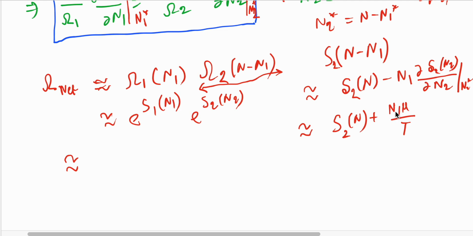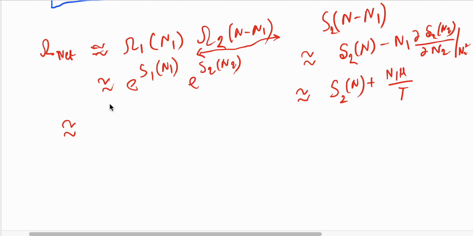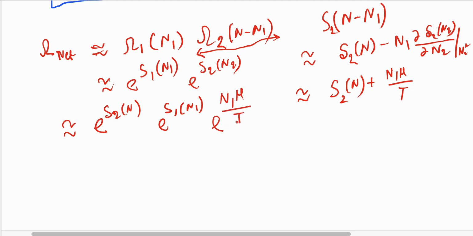So if we put it there, we will get e to the power s2 of n2 times e to the power s1 of n1 times e to the power n1 mu by t.